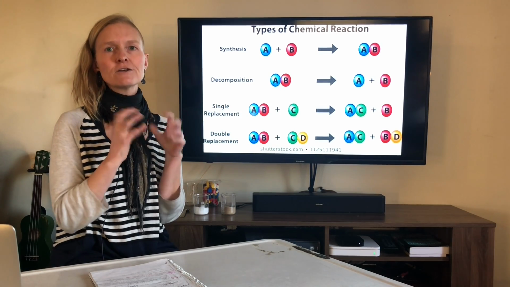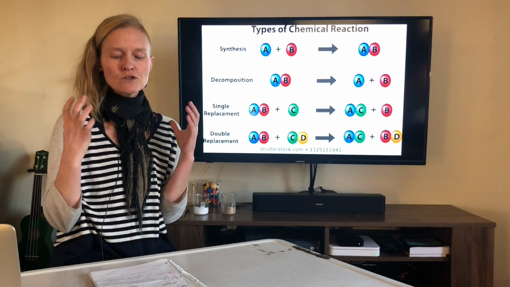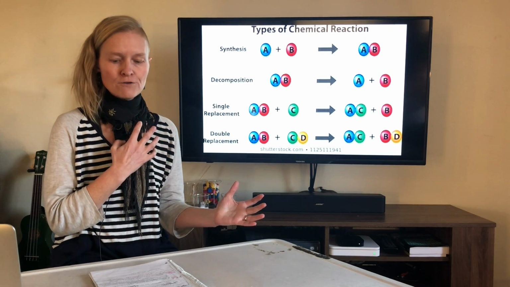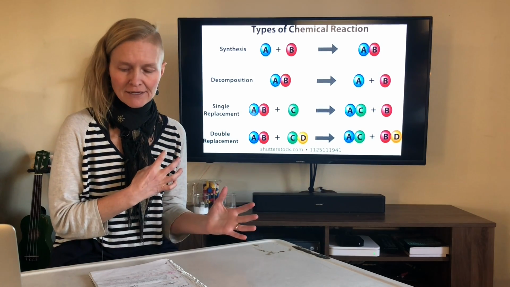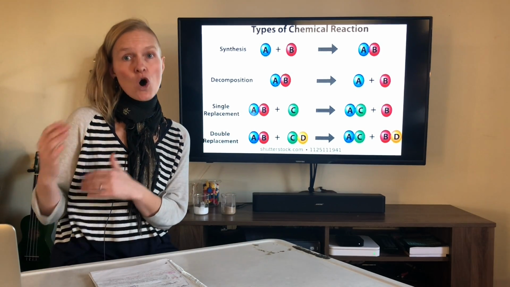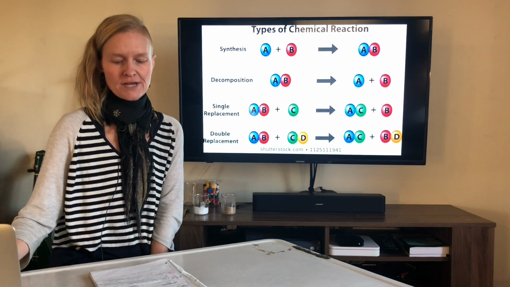They come together explosively and create 2 atoms of sodium chloride and heat. And heat is also a product of that reaction.